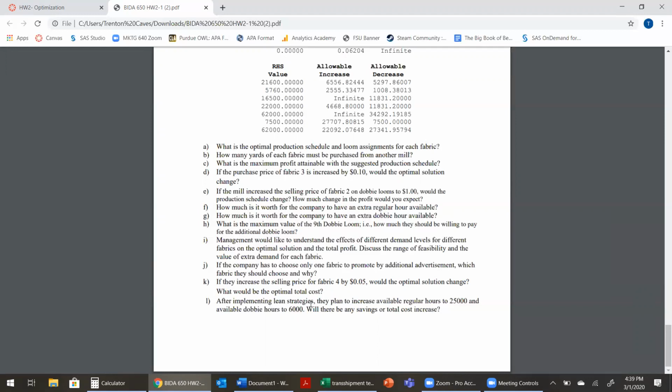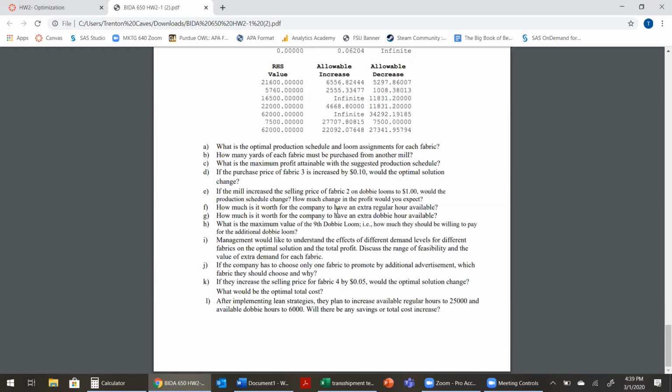Now let's look at question L and see if that one works with 100%. So we're increasing regular hours to 25,000 and Adobe hours to 6,000.